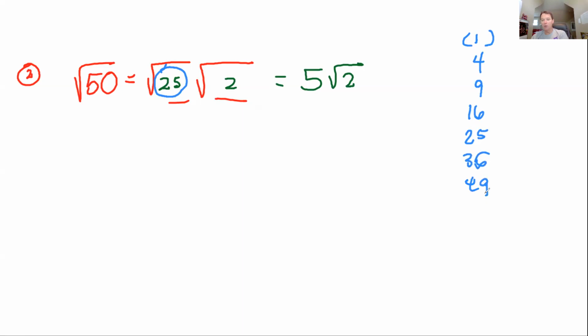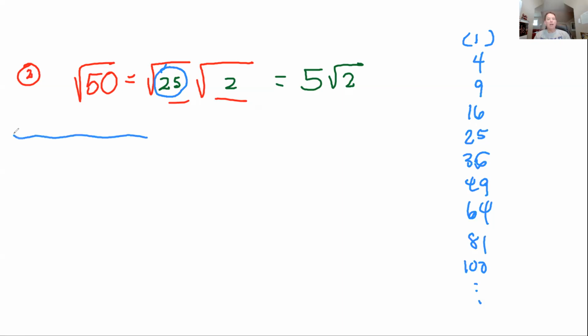Those should look familiar to you. 64, 81, 100, and it goes on and on. If you can take any number and break it into two factors, where one of those factors is one of these numbers on the right, then you're well on your way to simplifying the square root.